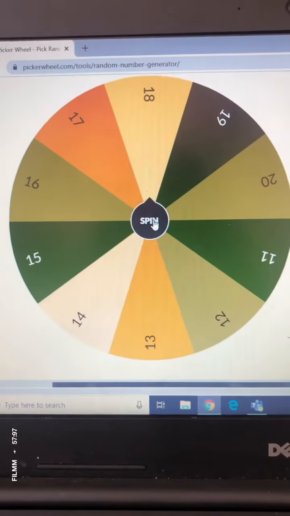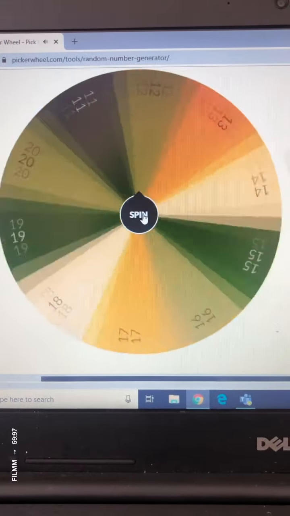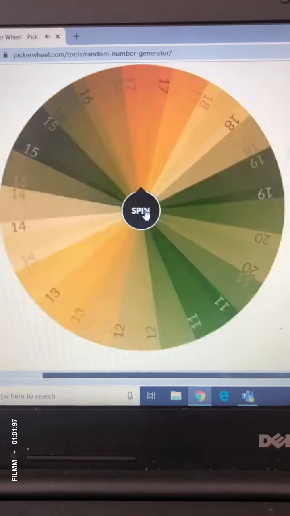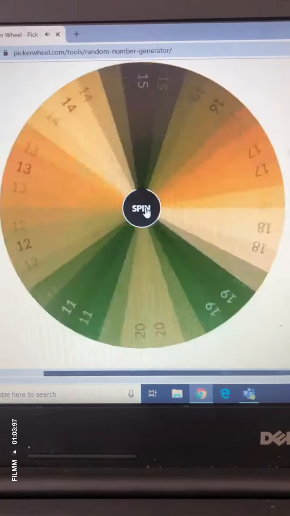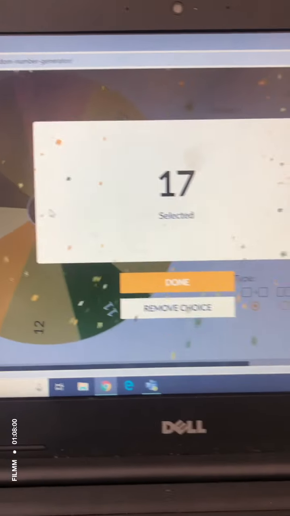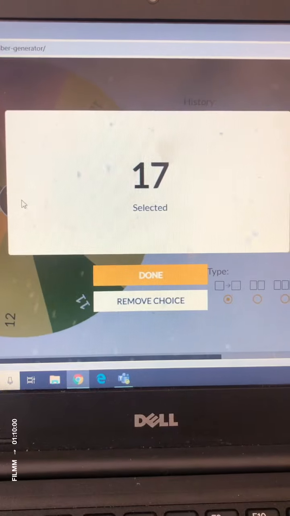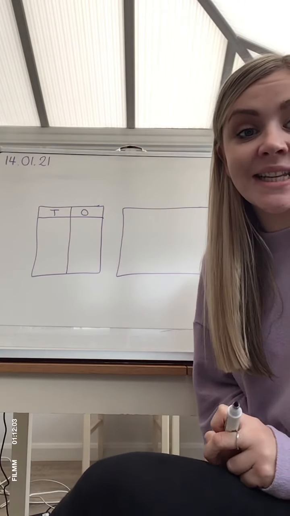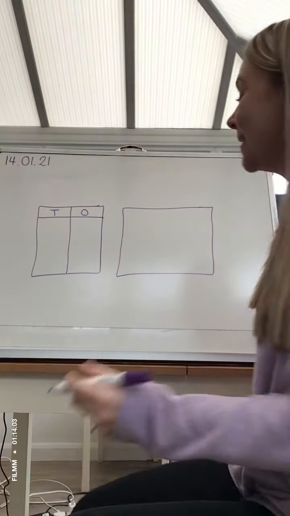Right, let's spin the wheel. Okay, we're ready. Let's spin the wheel. Okay, the number we rolled was 17, so I'm going to write 17 on my place value chart.